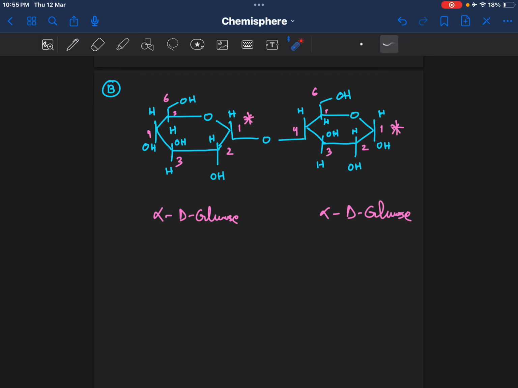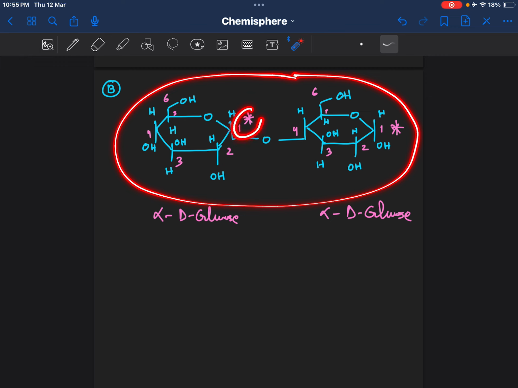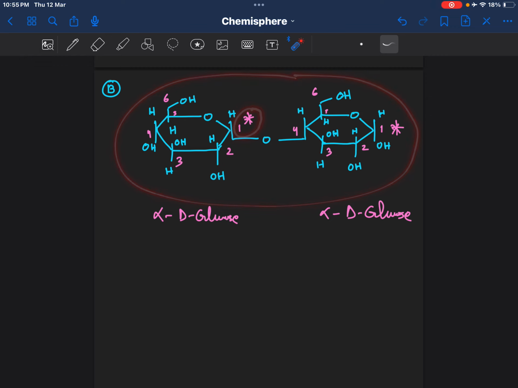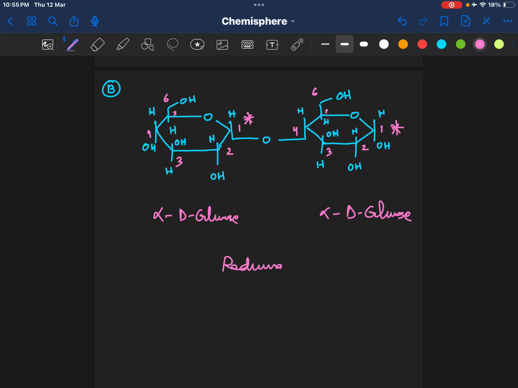In this disaccharide, one reducing center is busy forming the glycosidic linkage, but the other carbon is not busy. It can revert back to the aldehyde form, and hence it reduces Tollens reagent or Fehling solution. Therefore, this is reducing, and this is actually maltose, because maltose is made up of two alpha D glucose units.